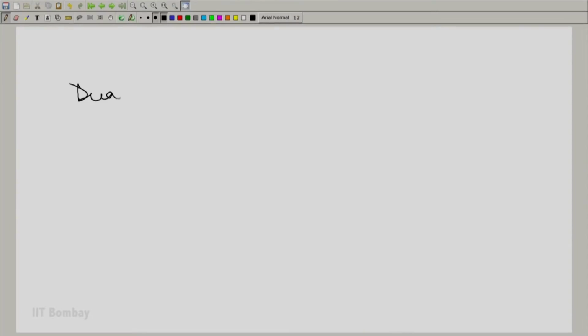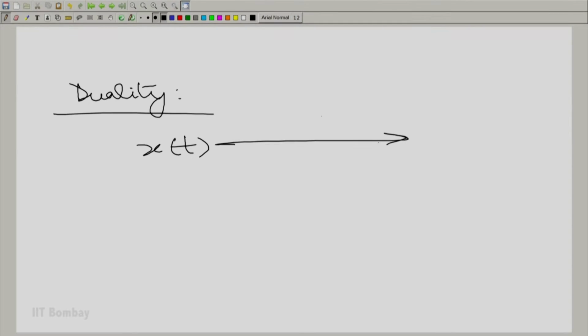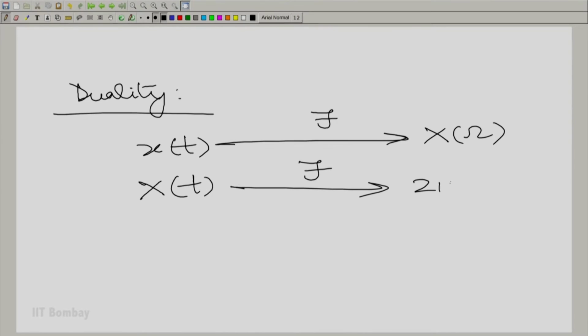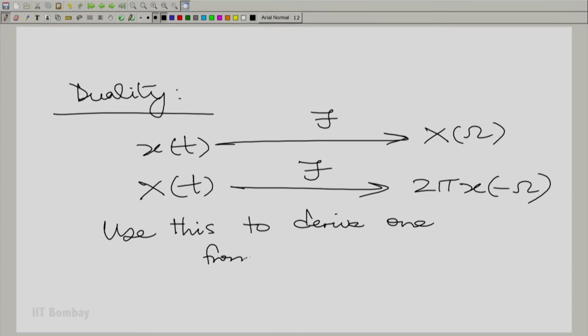Let me write that principle down once again to remind you. So, duality said that if x(t) has the Fourier transform capital X of omega, then capital X of t has the Fourier transform 2 pi small x of minus omega. Now, what I am saying is use this to derive one from the other.